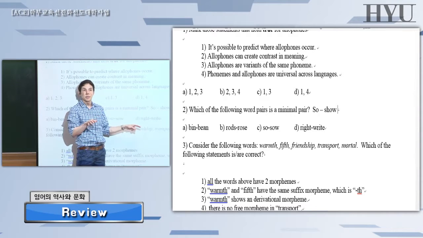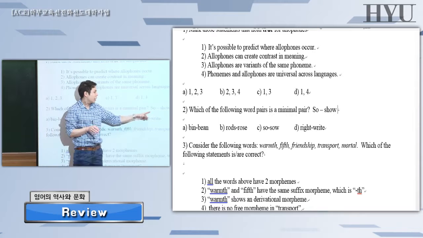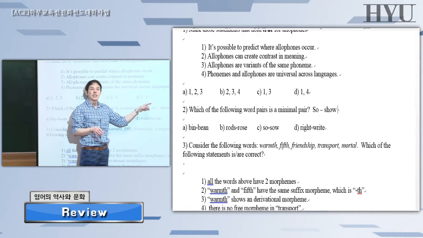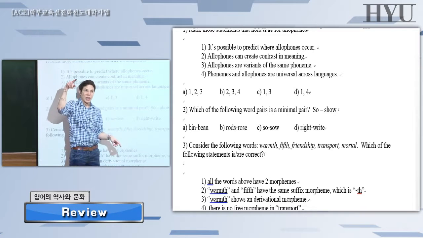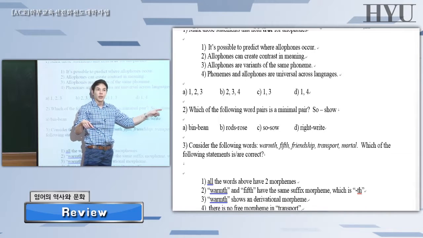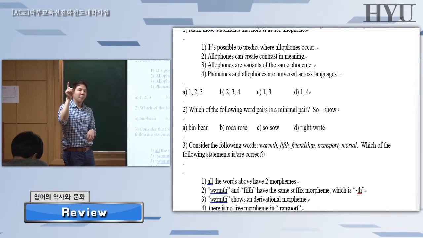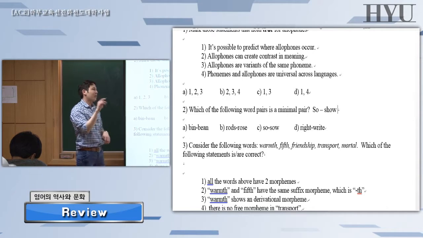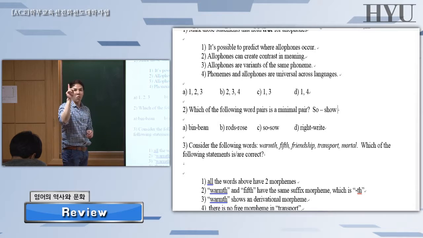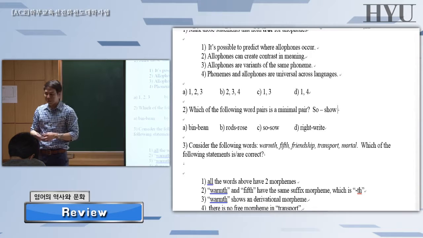Everything else is the same in terms of pronunciation, okay? Not the spelling. S, so, the S sound. Sh, show, the hush sound. The vowel is the same, right? So everything else is the same, but with one difference only. So a minimal pair is a pair of words that differ in only one aspect. Everything else is the same.